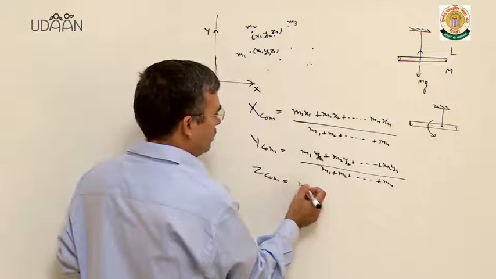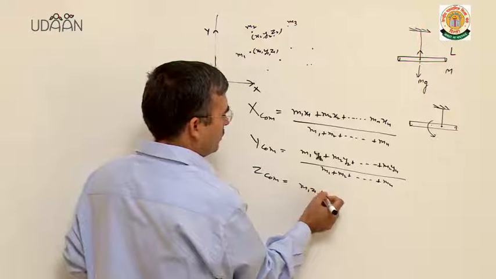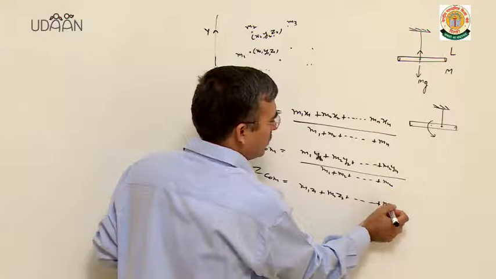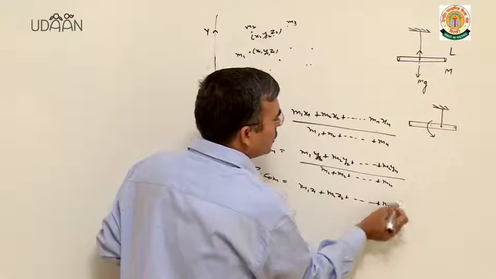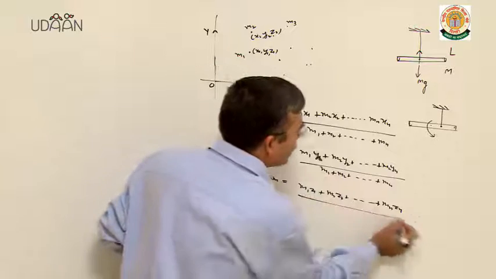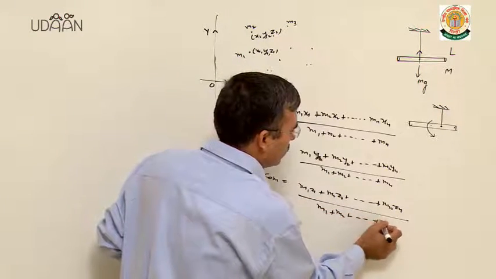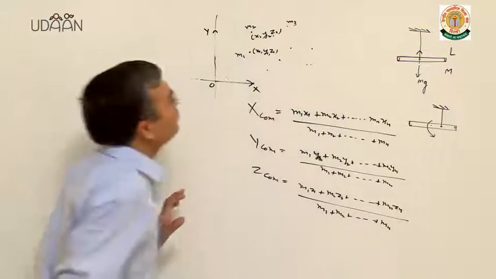Similarly, z COM is m1 z1 plus m2 z2 and so on plus mn zn divided by the total mass of the system. Clear?